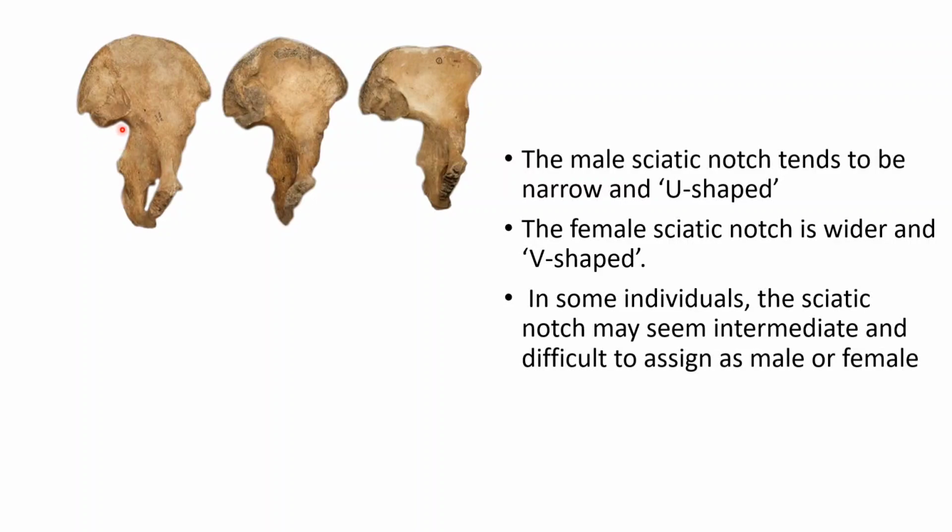The male sciatic notch tends to be narrower and U-shaped. The female sciatic notch is wider and V-shaped. Whereas in some individuals, the sciatic notch may be intermediate, that is, it is neither U-shaped nor V-shaped, so it is difficult to assign as male or female.